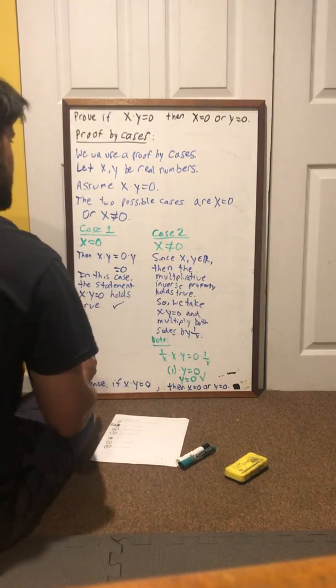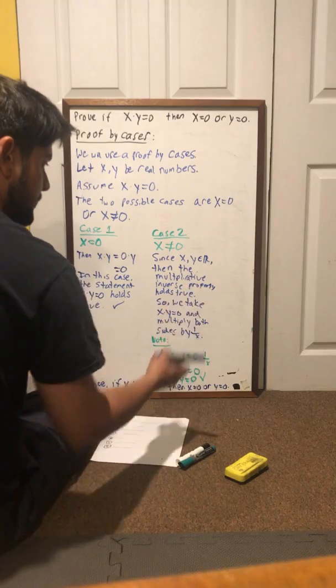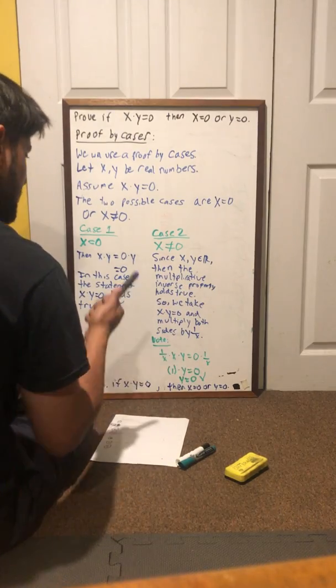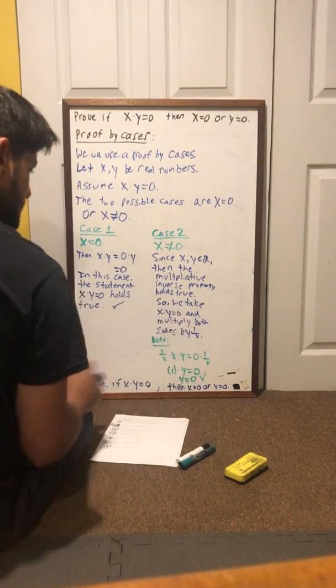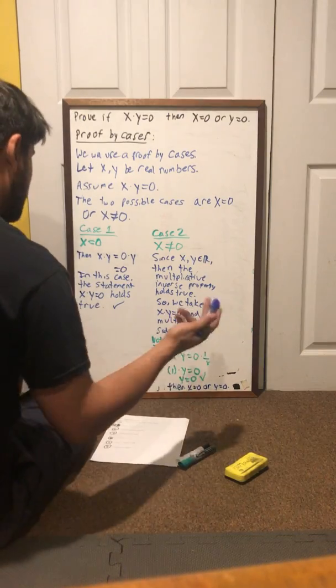Case 2, x does not equal 0. Since x and y are real numbers, the multiplicative inverse property holds true. So we take x times y equals 0 and multiply both sides by 1 over x.